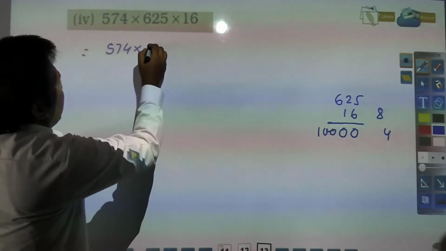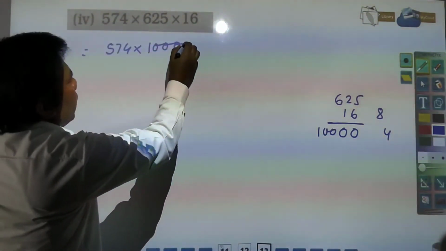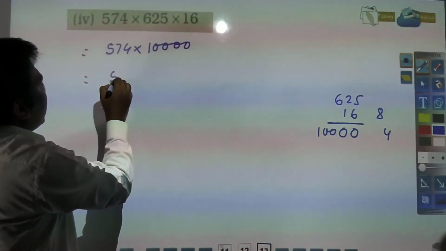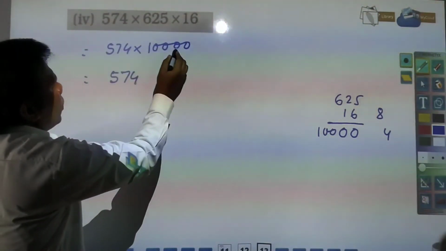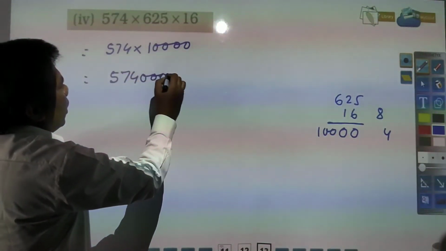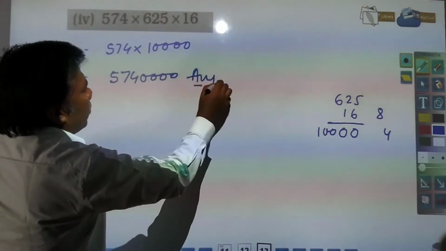So this will be 1 2 3 4. So finally you will get 574 with 4 zeros, and this will be your answer.